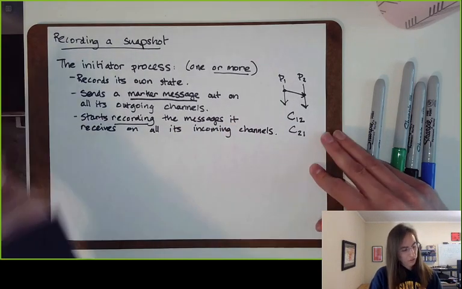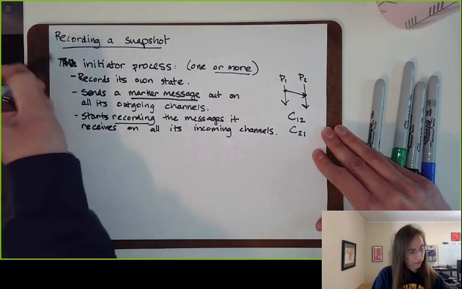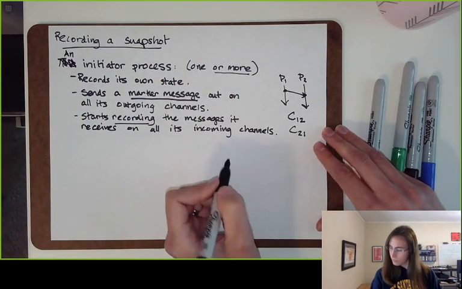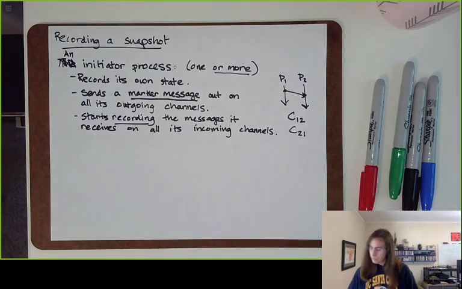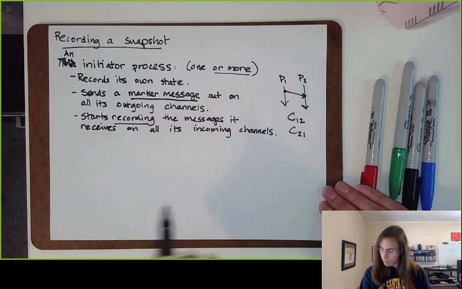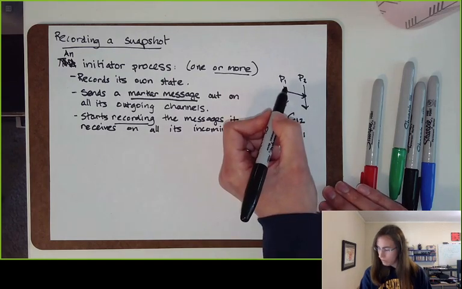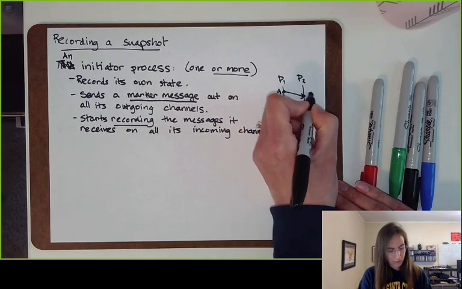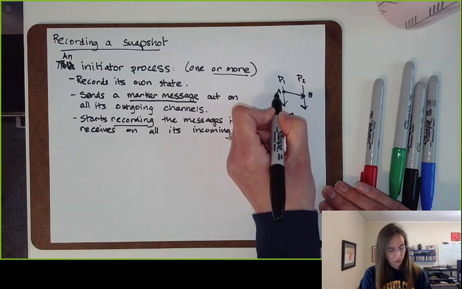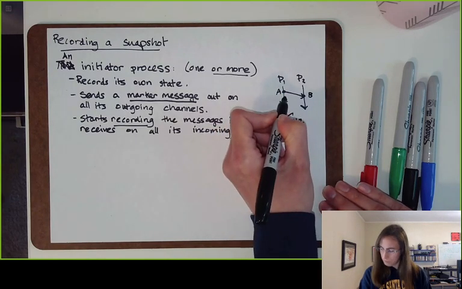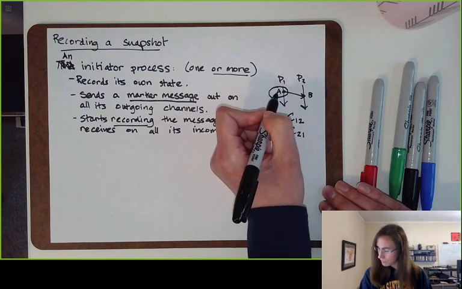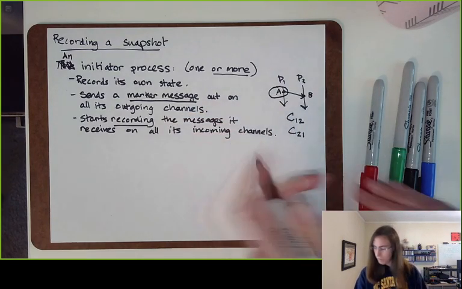I wrote the initiator process here, but I'm going to change this to an initiator process because, as I said, there could be one or more. So in our example here, let's say that P1 is the initiator, and let's say that it starts taking a snapshot. Let's say that this is event A and this is B, and it starts taking a snapshot a little bit after A. Then it's going to record its state like this, and then it's going to send its marker message.